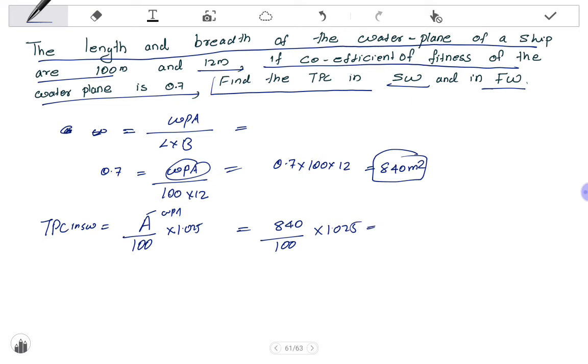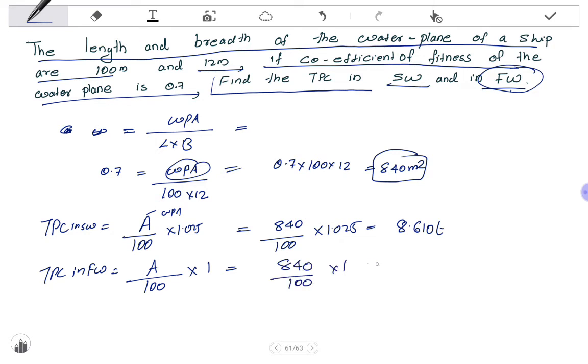The answer will be around 8.610 tons. The next is the TPC for fresh water. TPC in fresh water is equal to water plane area A divided by 100 into the fresh water density, which is 1. So 840 divided by 100 into 1 is 8.40 tons.